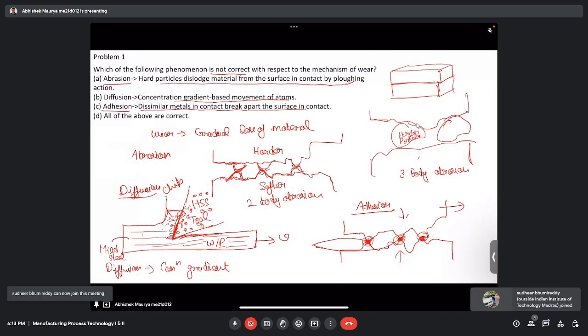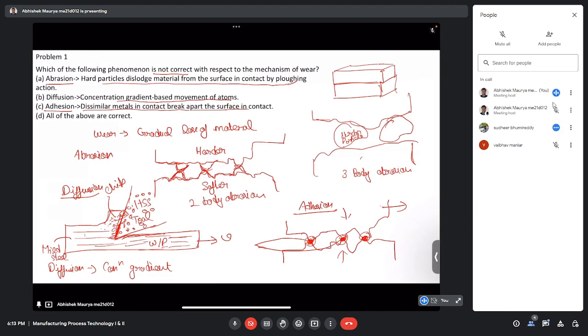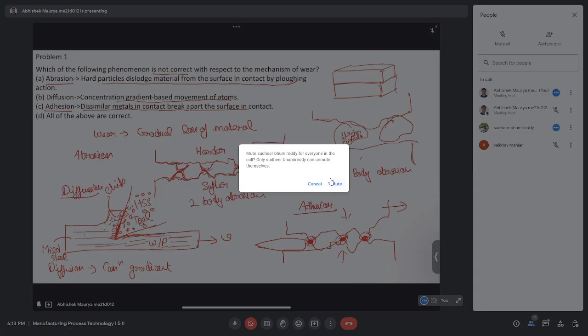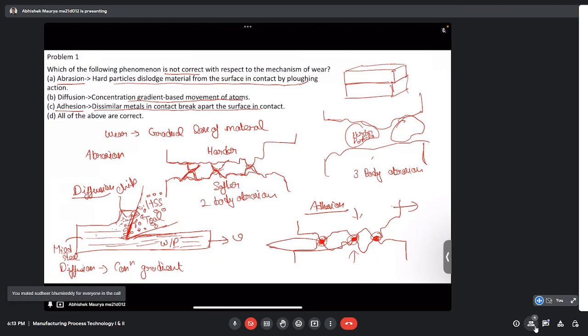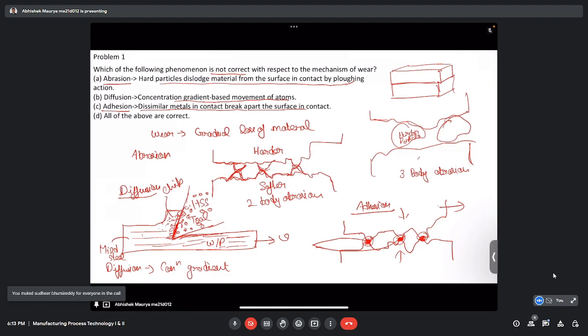So here also material is being removed, but that happens because of the localized welding. Because of the localized welding, the material sticks to one of the bodies and gets chipped off from the other body.